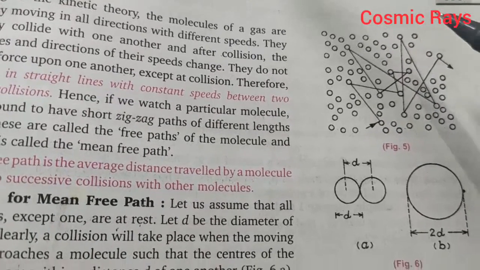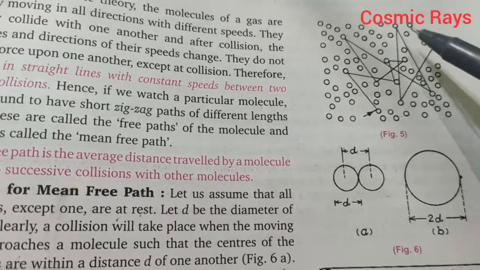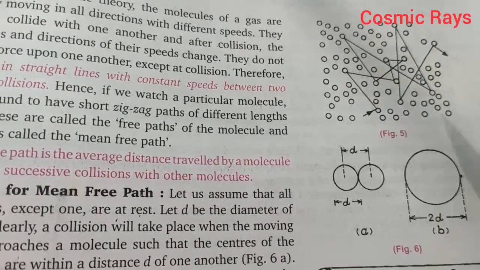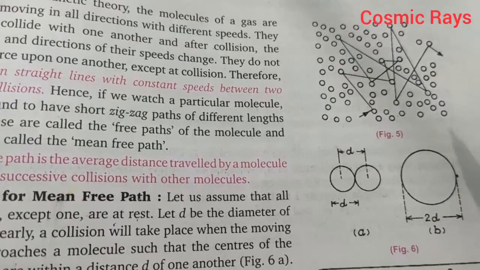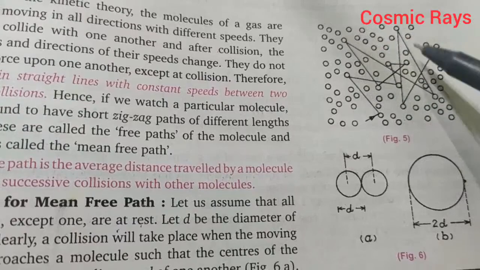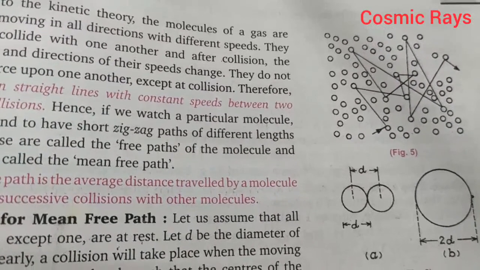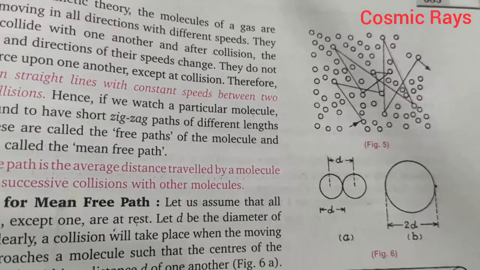Now the average distance traveled between two successive collisions is what is known as the mean free path.